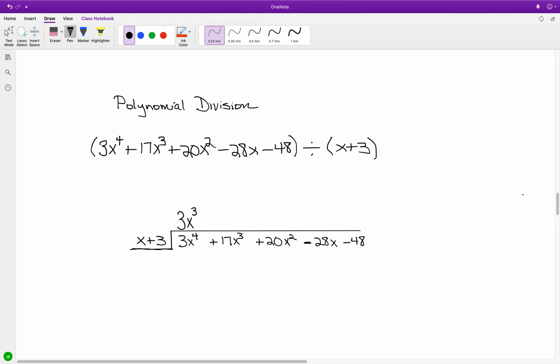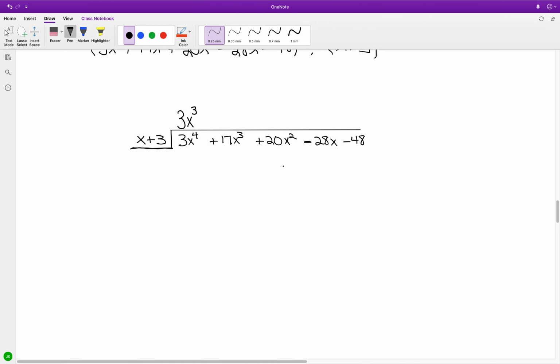Okay. And with long division, the object is going to be to cancel out the first term at each stage that we have from the dividend. So with lining up the terms, if you think of working with the first term in the quotient, that is going to be distributed over the quantity of x plus 3.